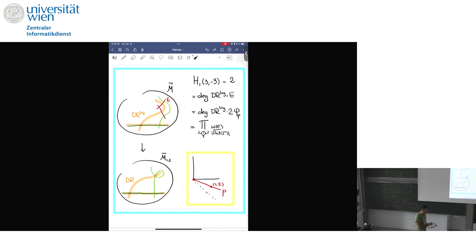Instead of babbling too much, let me show you just one example of how this works. Our favorite Hurwitz number this morning was H_1(3, -3), which was 2. So genus 1, degree 3 covers fully ramified over 0 and infinity with 2 ramification points. There is a locus of curves in M_{1,2} that corresponds to the moduli space of such covers. This locus behaves badly in at least two ways.